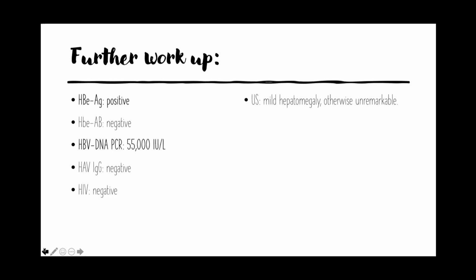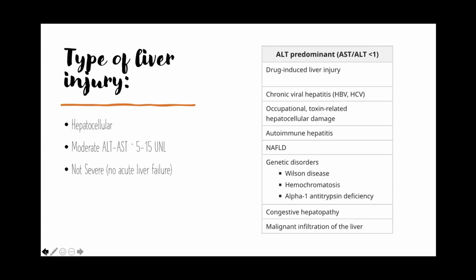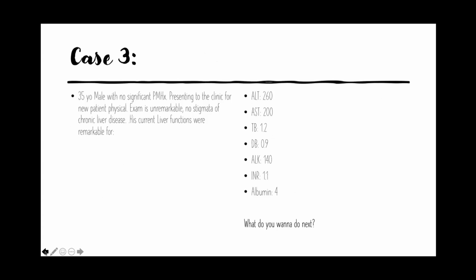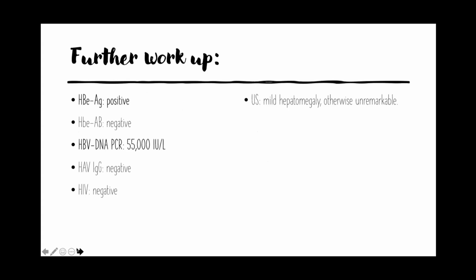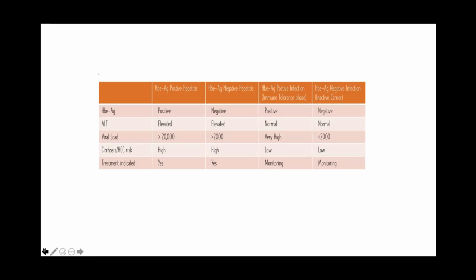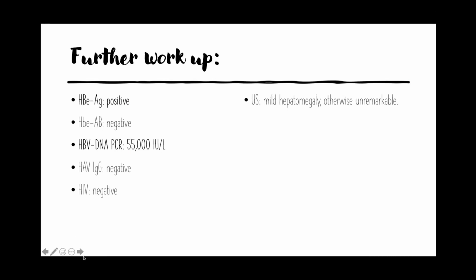Or what stage of Hep B do you think this is? I have no idea what stage it is. Okay, so he has elevation of his ALT, like he has active necrosis, right? He has active inflammation now because he has elevation in ALT and AST. He has positive E antigen and he has positive DNA.